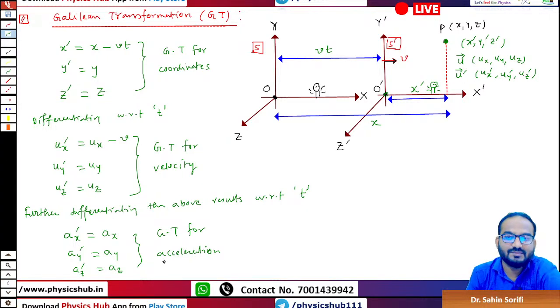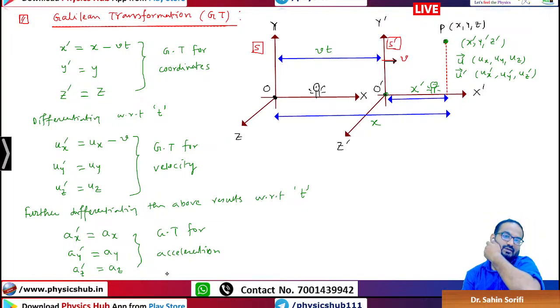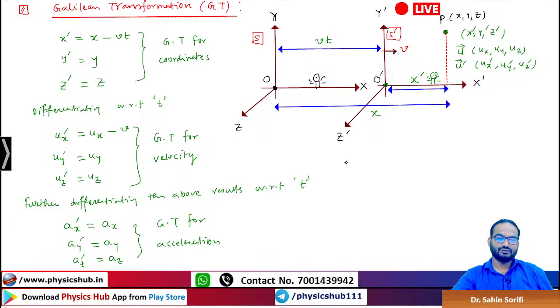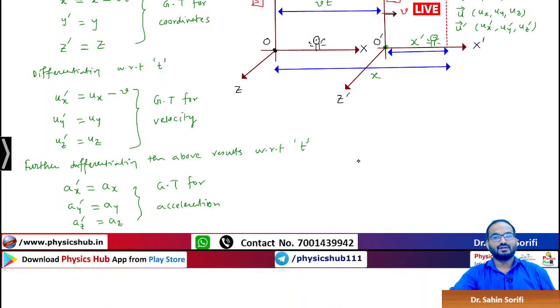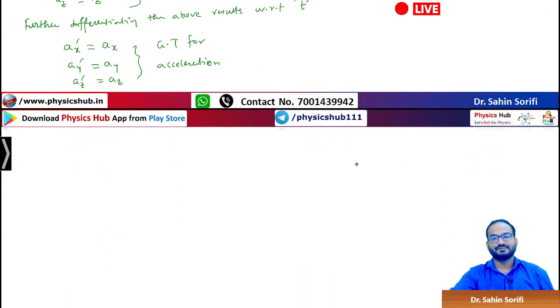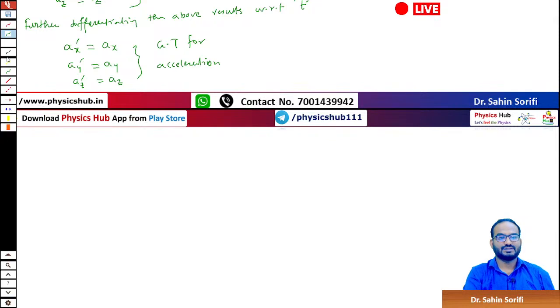Force is mass times acceleration. So in Galilean transformation, force was also equal, as acceleration is equal. Now where GT fails, that is what we are interested in.